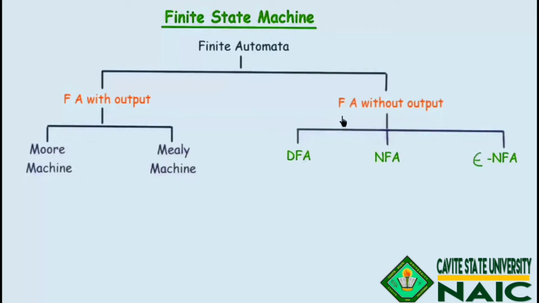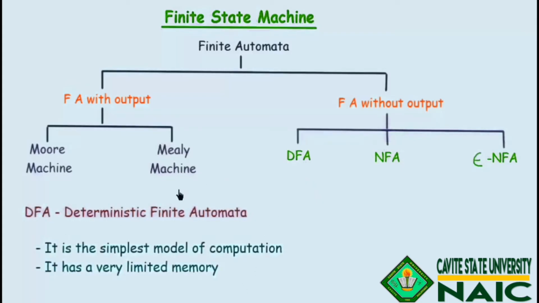And in finite automata without output, we have three categories, namely deterministic finite automata or DFA, non-deterministic finite automata or NFA, and epsilon non-deterministic finite automata or epsilon NFA. Alright, so in this lecture, we will be mainly focusing on studying deterministic finite automata or DFA.